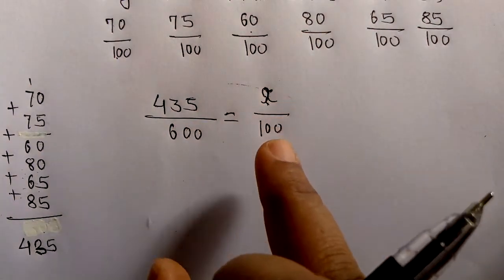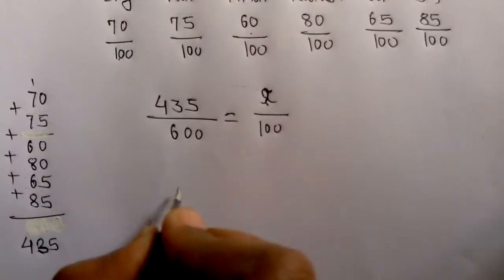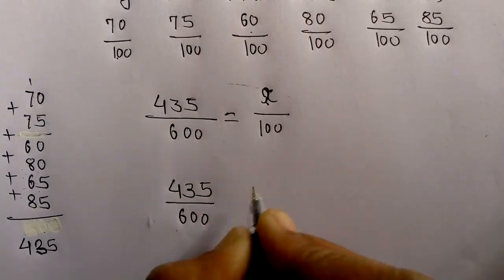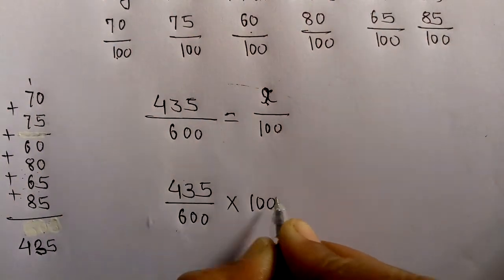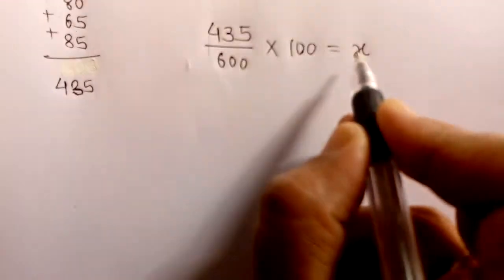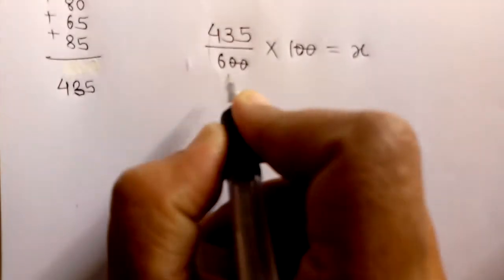So here it is divided, so we will multiply on this side. So how will it be? 435 divided by 600 multiplied by 100, and on this side only X remains. So X is equal to this. If we solve this one, we will get the value of X, means we will get the percentage. These two zeros will go and now what remains is 435 divided by 6.